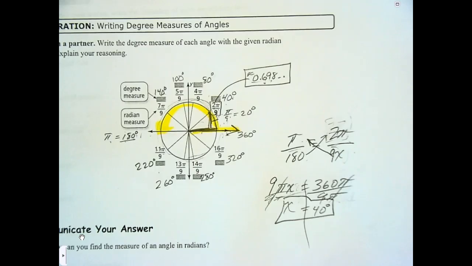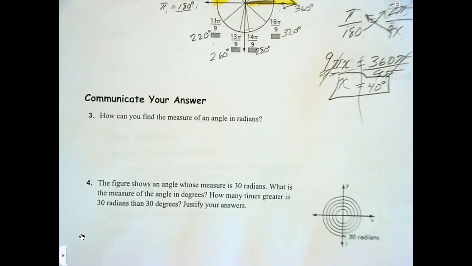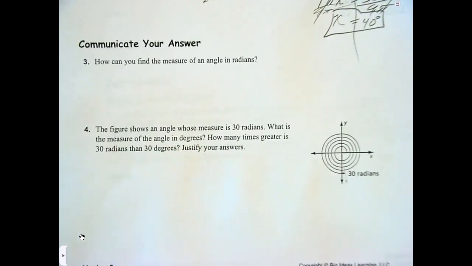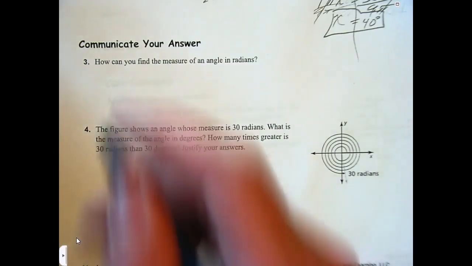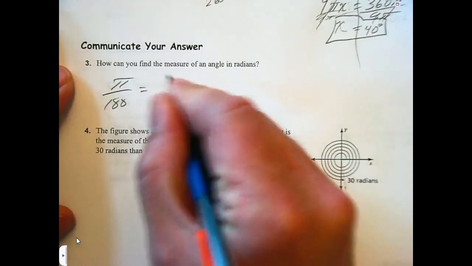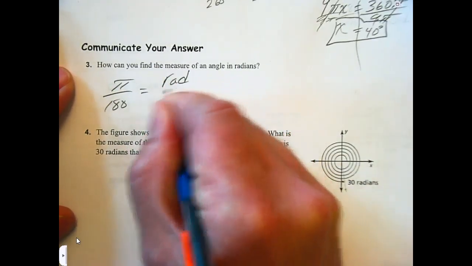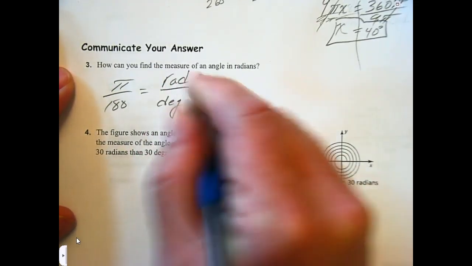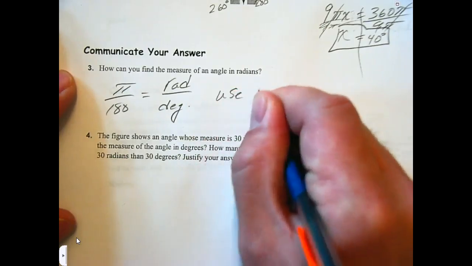Okay. Here's what I want you to do. I want you to answer questions 3 and 4 with your groupies on that page, please. Around, here's what I saw. I saw most of you with number 3. I saw a lot of you had something like this. Something to this extent. Like use this.